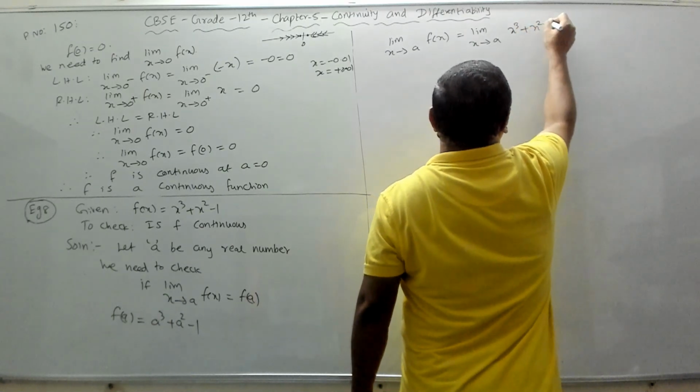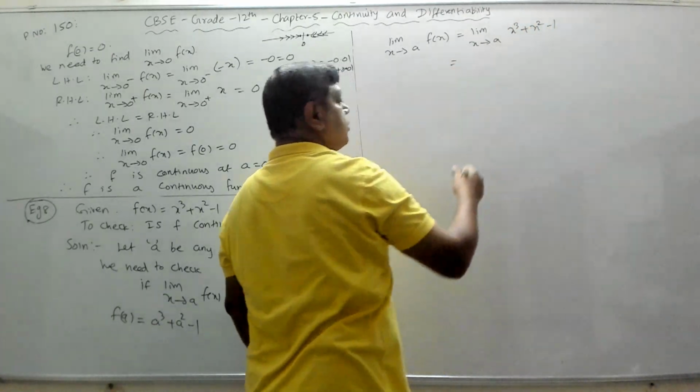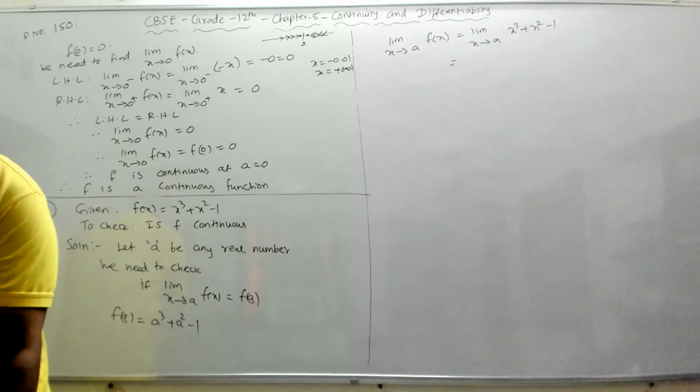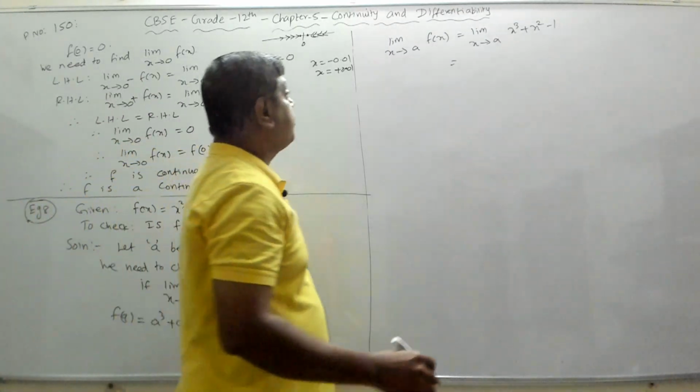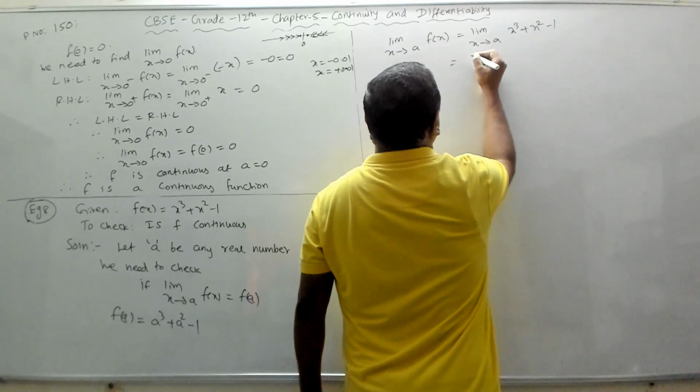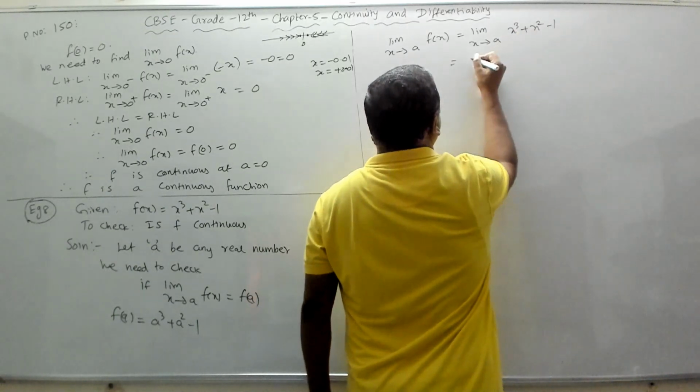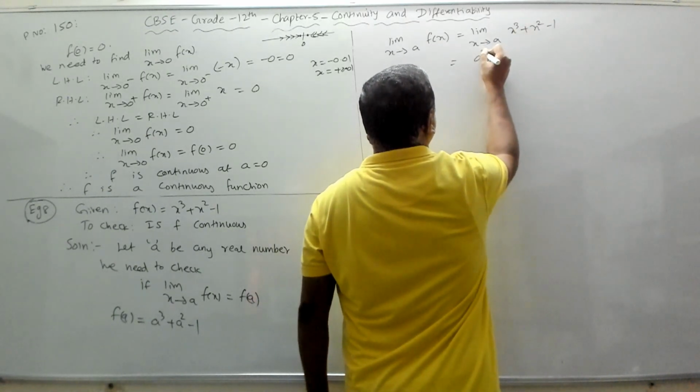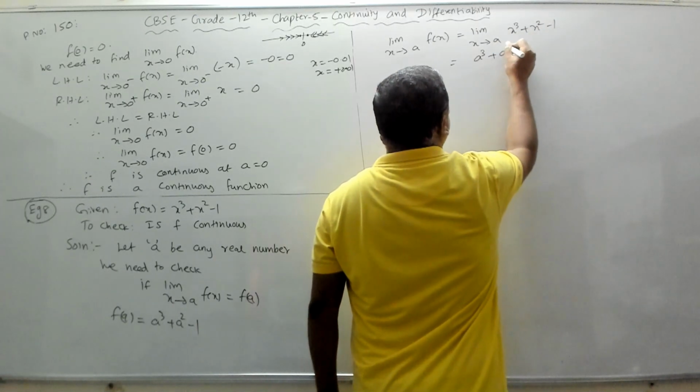Now it is time to substitute the limit. In the place of x I am putting a. So a will become a cube plus a square minus 1.